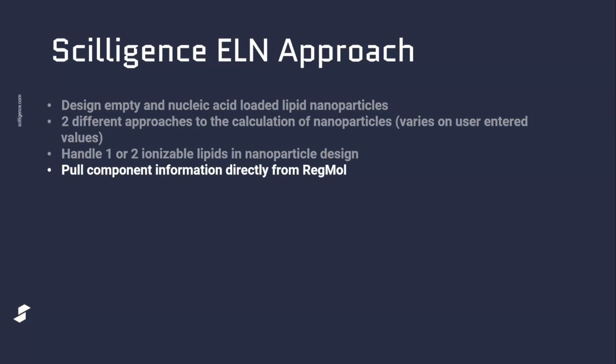Pull component information directly from your registration system. So just like with the ADC, you can register your components, so all of your lipids and your RNA using HELM, and being able to pull that into ELN to design your lipid nanoparticle. And then being able to register your lipid nanoparticle directly from ELN. And that'll be available in 7.3.